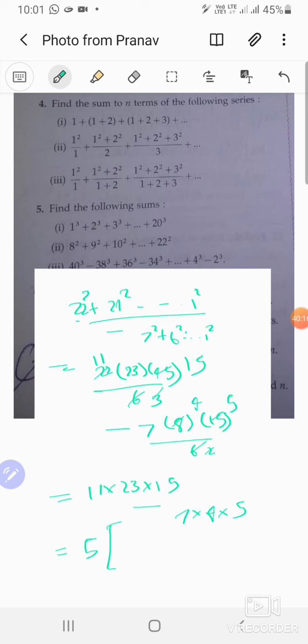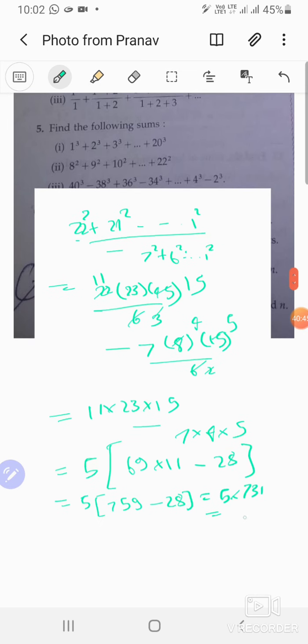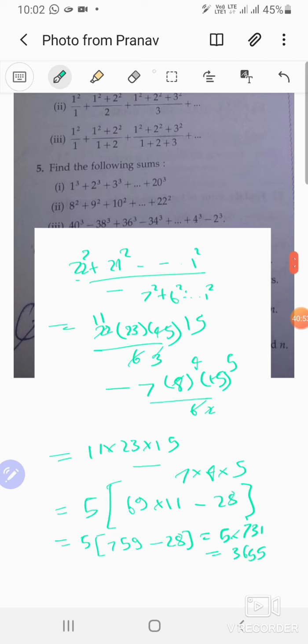So 3 into 23 is 69, into 11, minus 7 into 4 is 28. 5 into 69 into 11, 69 times 11 is 759. 759 minus 28 is 731. So 5 into 731 is 3655. So that's the answer.